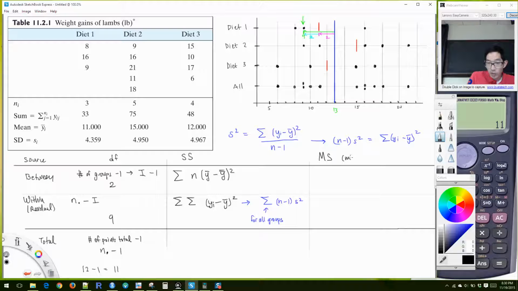And this is just the sum of squares divided by the degrees of freedom. Okay. Let me actually move this.